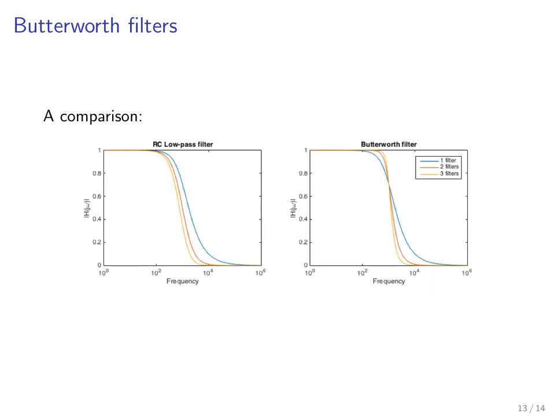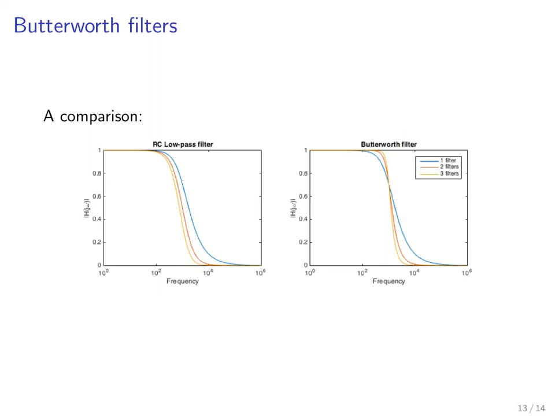Here's an illustration that compares cascading three Butterworth filters together to the conventional RC low-pass filter that I showed you before. The blue curve here is a single filter for both cases. They look very similar, right? But when we start to cascade multiple Butterworth filters, we actually get a sharper roll-off, and the cutoff frequency does not decrease; it actually increases, and eventually we'll reach a point where it will just be straight up and down as far as you can see.